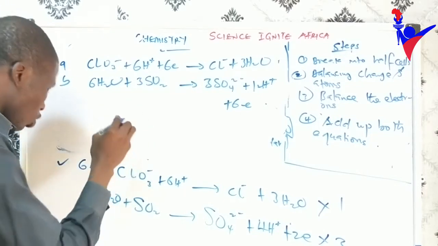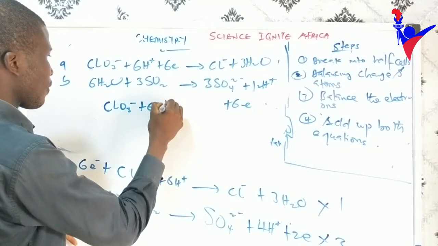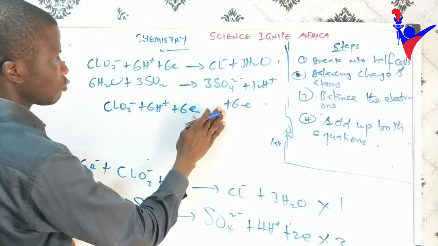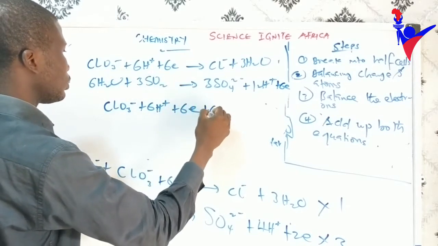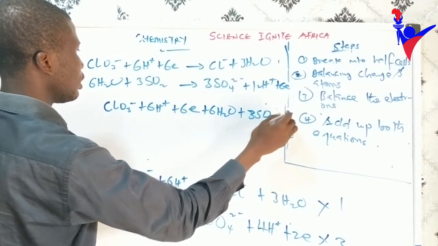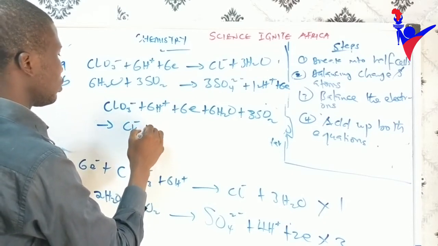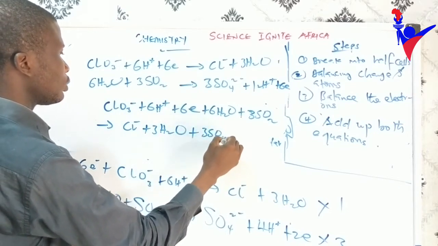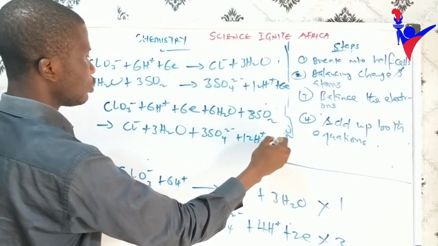When you add it up, this is what you are going to have: plus 6 electrons plus 6 H2O plus 3 SO2, giving you your Cl minus plus your 3 H2O plus 3 SO4 2 minus plus 12 hydrogen ions and plus 6 electrons.